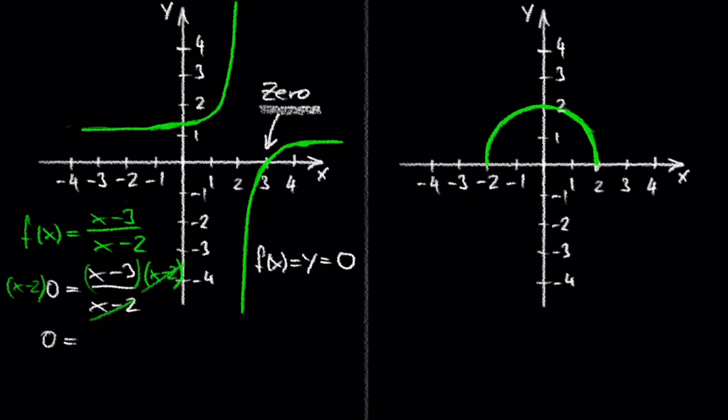So we get 0 equals x minus 3. And after adding 3 to both sides of the equation, we get x equals 3. So the zero of this function is 3, and we are done with finding the zero algebraically.